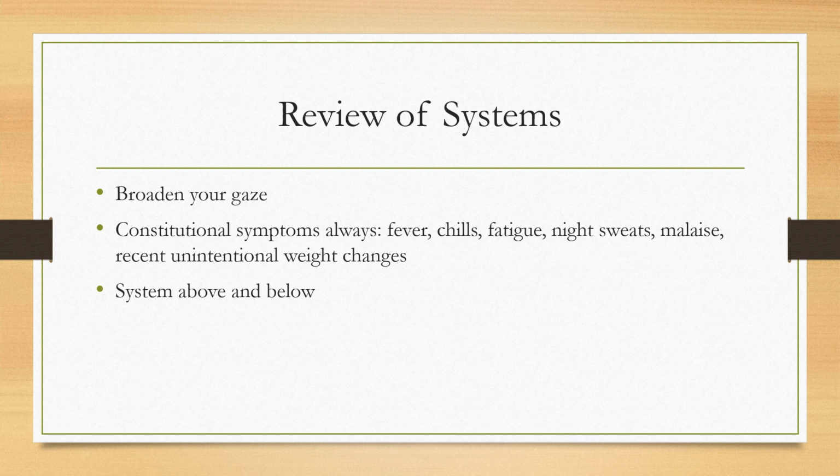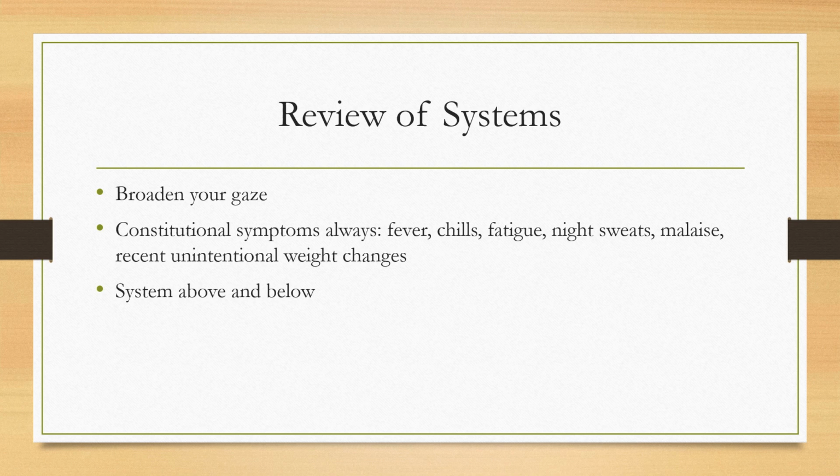But one of the big causes of chronic cough is actually reflux disease. And so the review of systems is used to help us get that information, because your patient might not think to tell you, oh yeah, I've actually been taking Tums 5-6 times a day to help with my reflux.